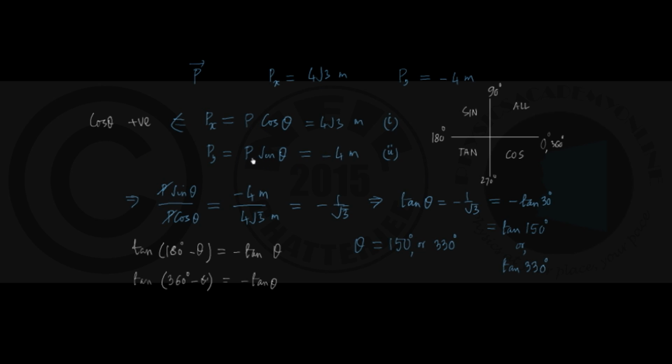While equation number 2 tells P is 8 meters, Py is minus 4 meters, so sin theta is negative. Equation number 2 gives me that. So when you put those two facts along with these two possible values of theta, we conclude that our answer is 330 degree. So this is the answer in the fourth quadrant, because cos is positive and sine is negative, as we have found here, which only happens in the fourth quadrant and not in the second quadrant. So we pick up this value and not this value.